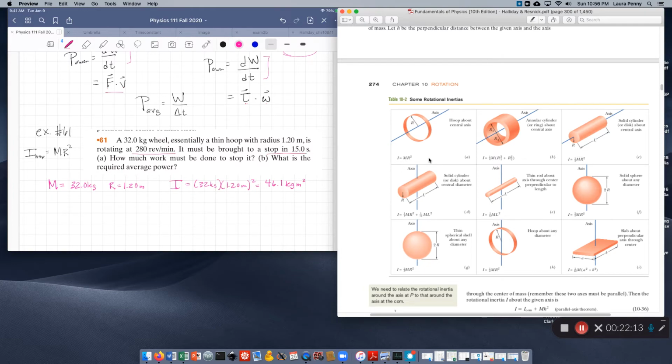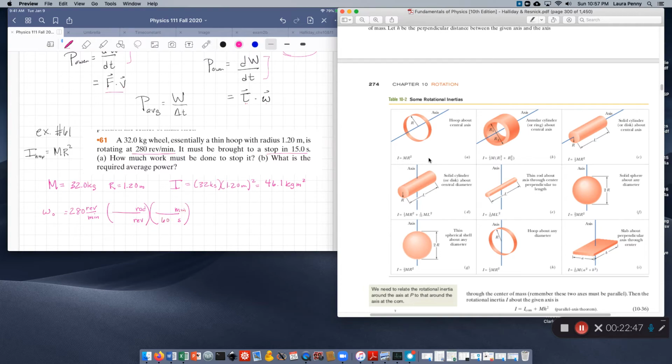Then it tells me it's rotating at 280 revolutions per minute, and it must be brought to a stop in 15 seconds. So this 280 revolutions per minute is actually omega naught, but it's in very bad units. I really need this in radians per second, so I need to turn revolutions into radians and minutes into seconds.